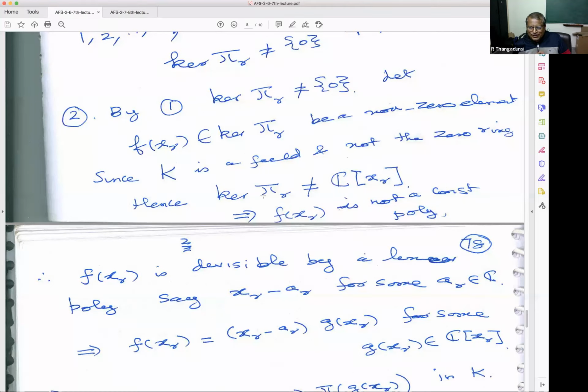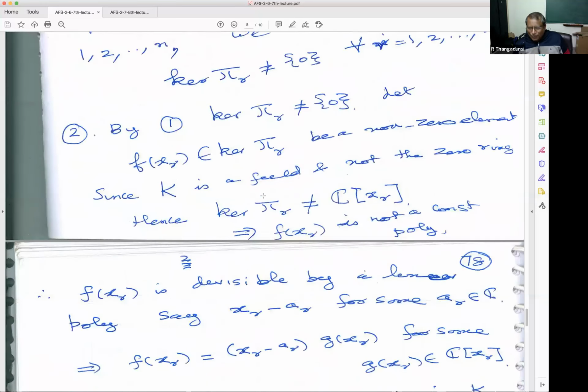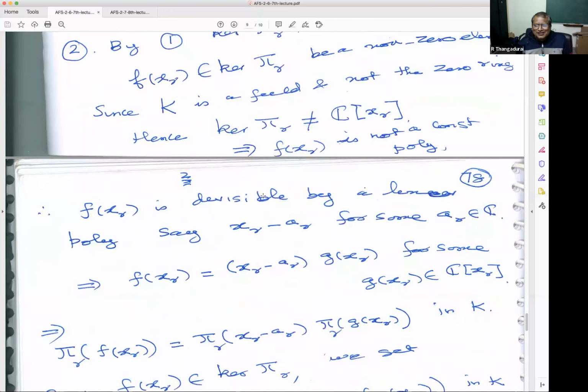If it is a unit ideal, what happens? It is non-zero, but it is a unit ideal. Somehow I'm not getting it. Okay, so suppose we assume this and then proceed.